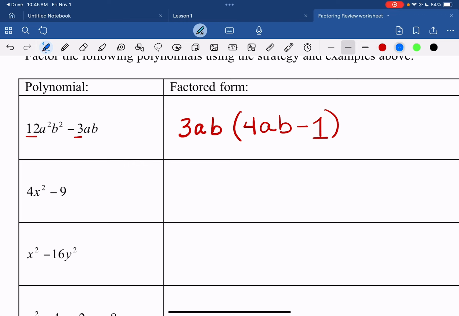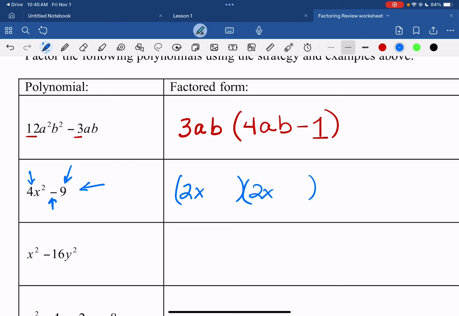All right, let's take a look at the next one. It is also a binomial, but this one I notice a minus sign right here, and I have two perfect squares. So this is going to be a difference of squares. So I automatically put my two sets of parentheses, take the square root of 4x squared, and I get 2x.